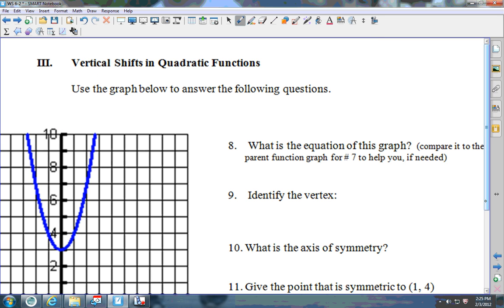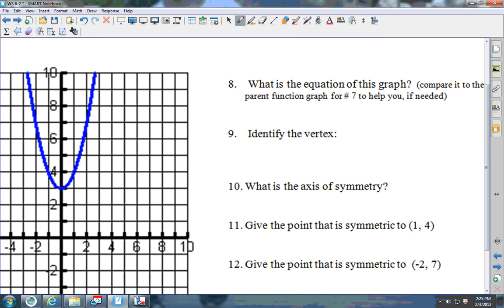Here's the next one. What is the graph of this equation? Compare it to the parent function for number 7 if you need help. Well, it's this parabola, but let's go down here for a second and find the vertex. What is the vertex? It's the point where the parabola changes direction. Here's my vertex right here. It is 0, 3.